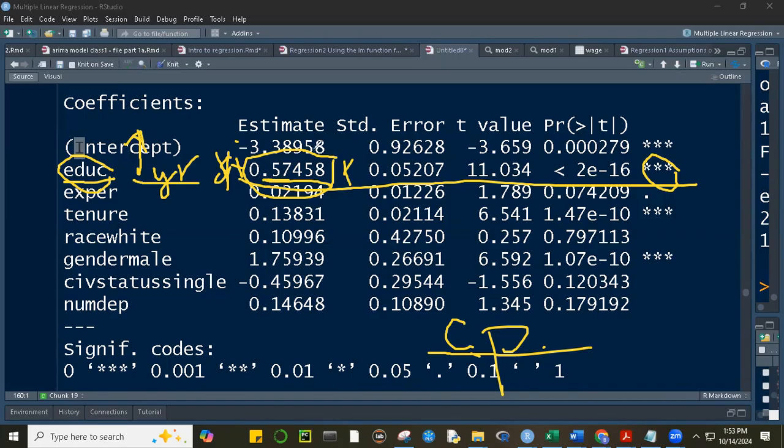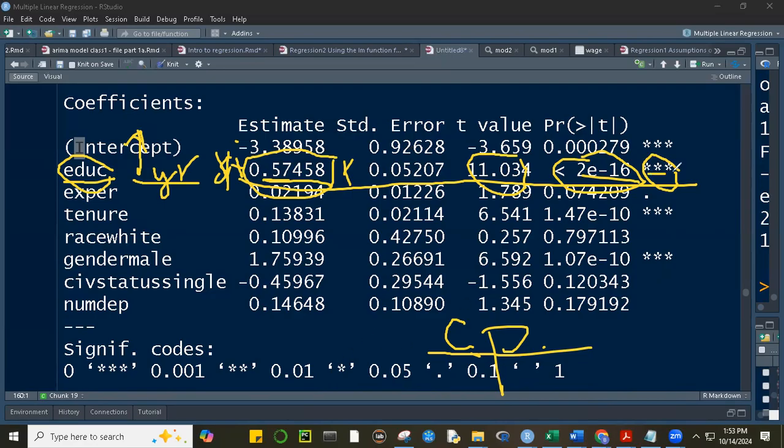Hindi siya talagang 0.57. Okay, where do we go to find the answer? We go to look at the t value or the p value. So that's where we look in order to determine if this marginal impact, if this slope, is statistically significant or not.